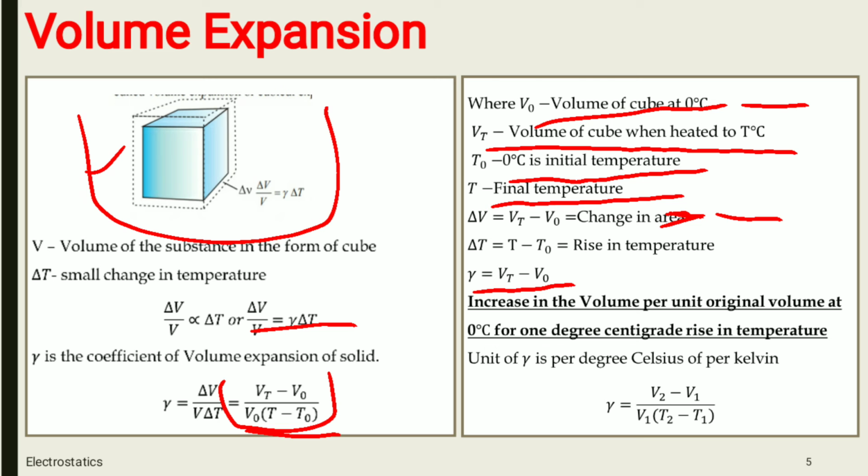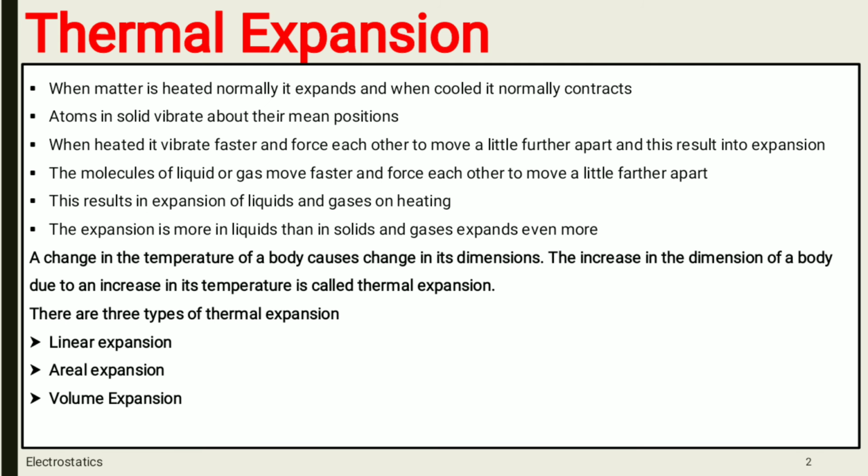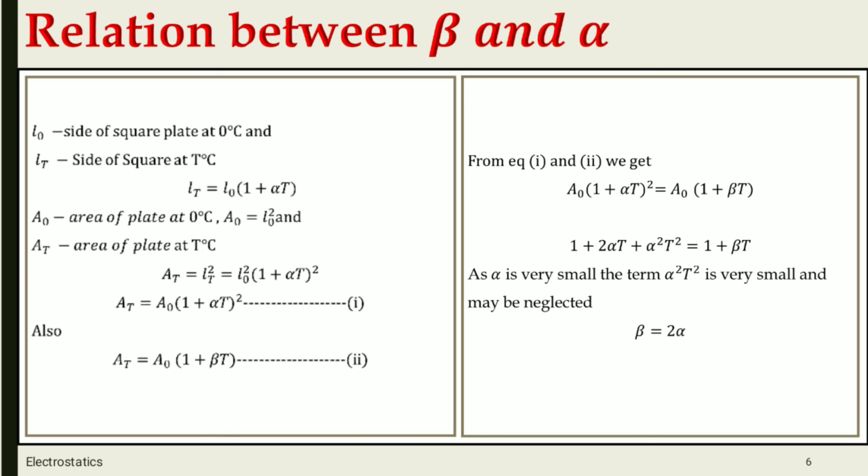What expansion have you studied? That is thermal expansion, in which there is linear expansion, areal expansion and volume expansion. Now we are going to see the relation between the coefficients of expansion, in which the first relation is between beta and alpha.